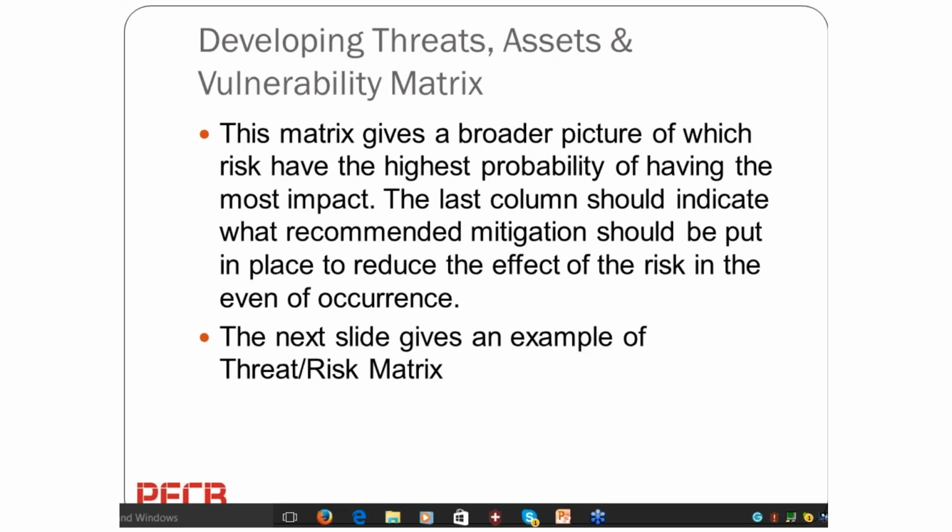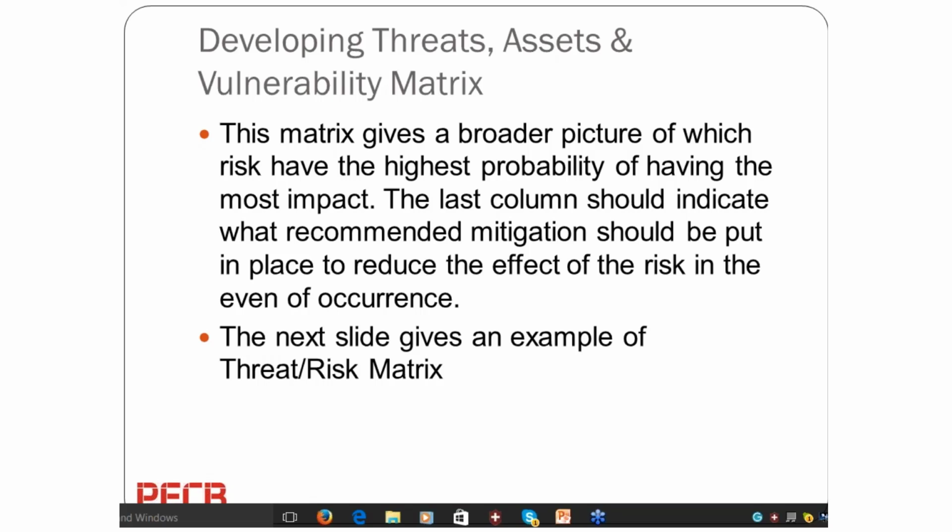This matrix gives a broader picture of which risks have the highest probability of having the most impact, depending on your assets, depending on the criticality of such assets, and depending on the controls that you have put in place to mitigate such risk. You can now begin to understand the probability of such risk occurring, and should they occur, what impact it will have on business operation.